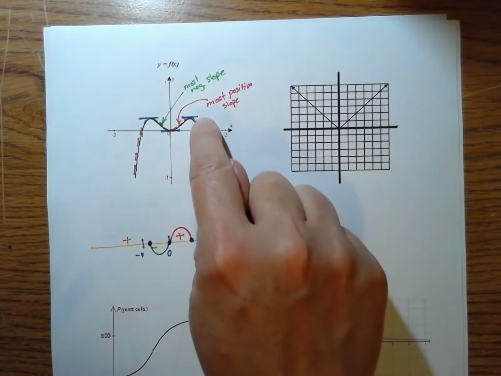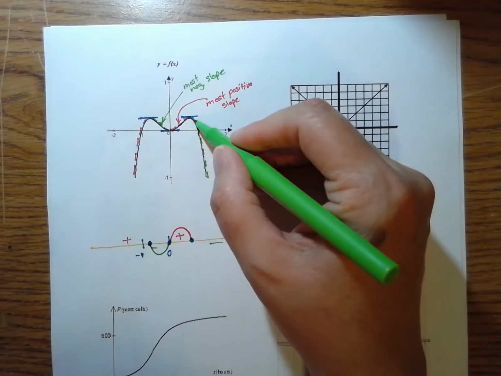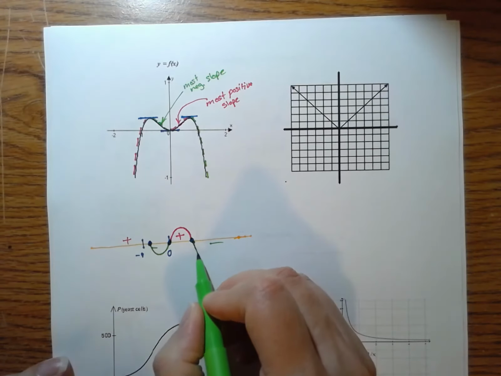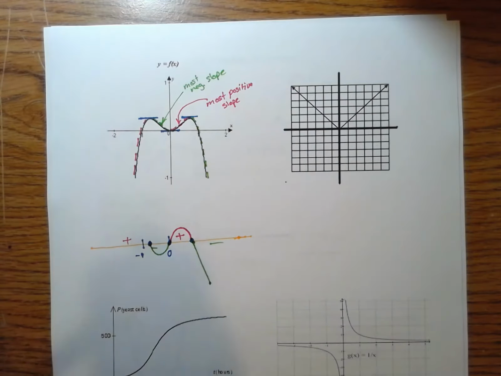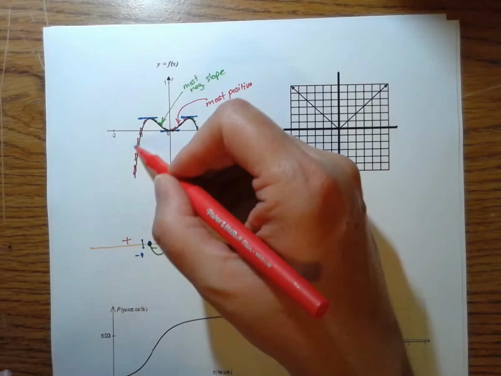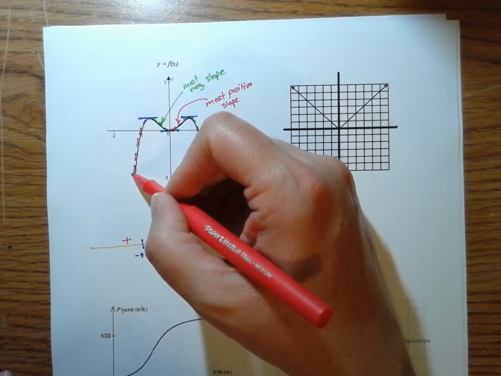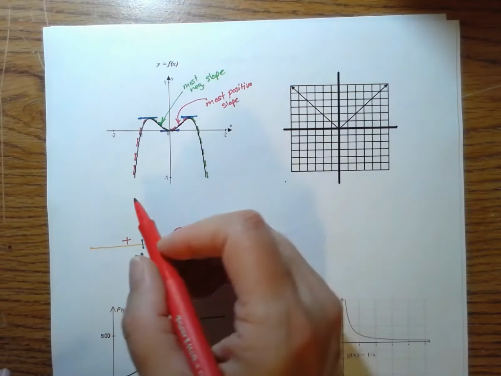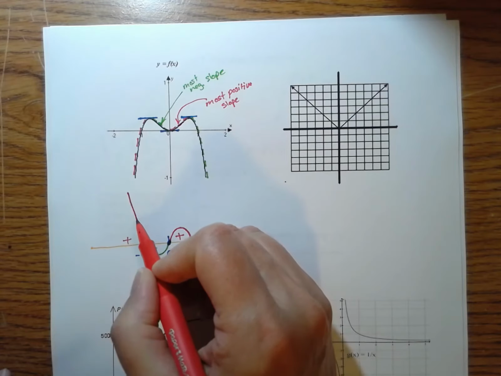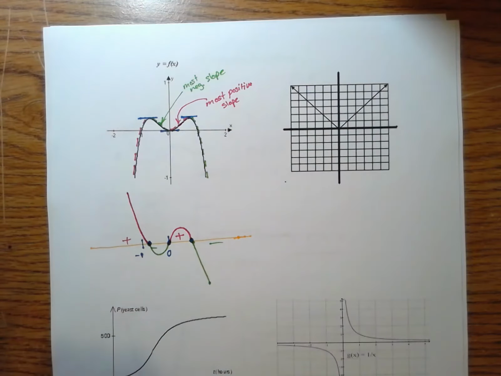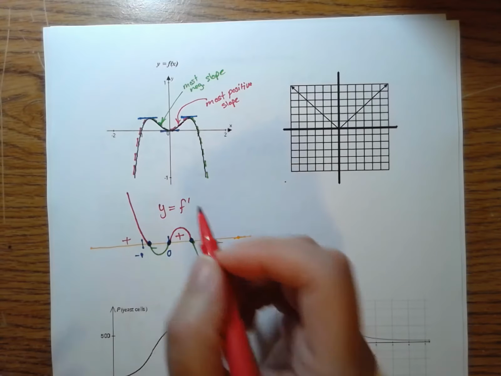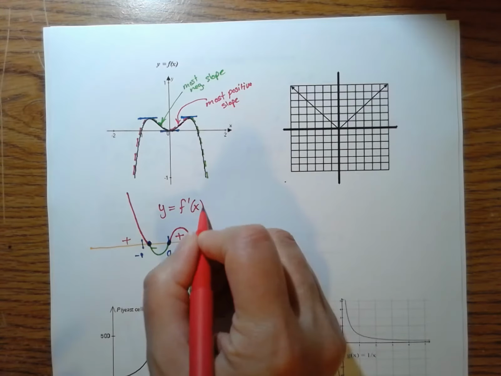Okay, this part's -2, and as x climbs, the slopes get more and more negative. So this negative section is going to keep dropping in the derivative. And coming towards our first 0, we have really positive slopes, big positive numbers that are getting closer to 0. So positive getting closer to 0 in the derivative looks like that. And this is our graph for y equals f prime of x.